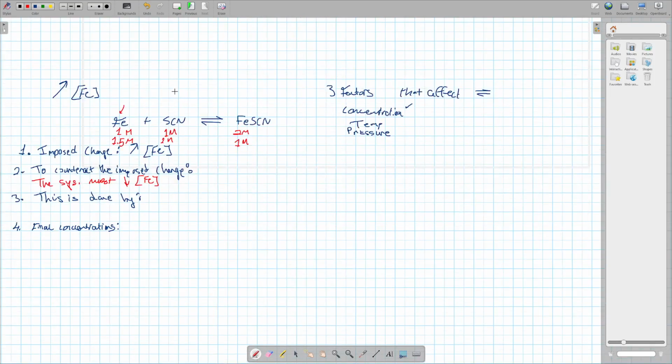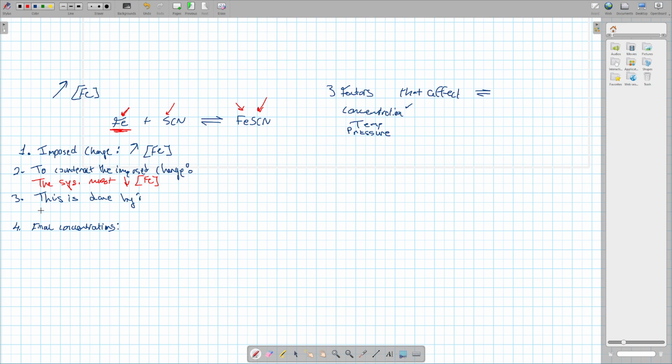Yes, right? So in this case here, if I were to form more FeSCN, if I were to speed up the reaction, if I were to form more FeSCN, wouldn't I be using up my reactants Fe and SCN? Yes. So technically, to reduce the concentration of Fe, I can just tell the system to make more FeSCN, because when I make more FeSCN, I'm going to use up my reactant Fe.